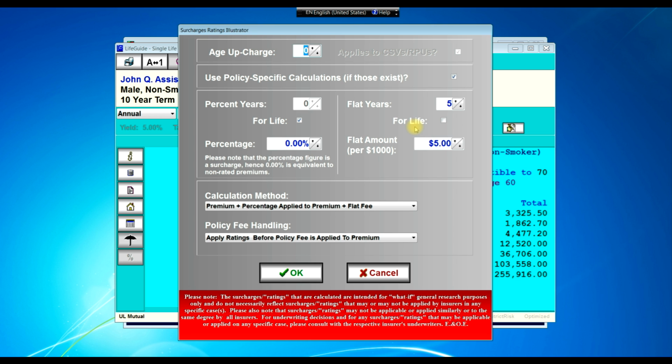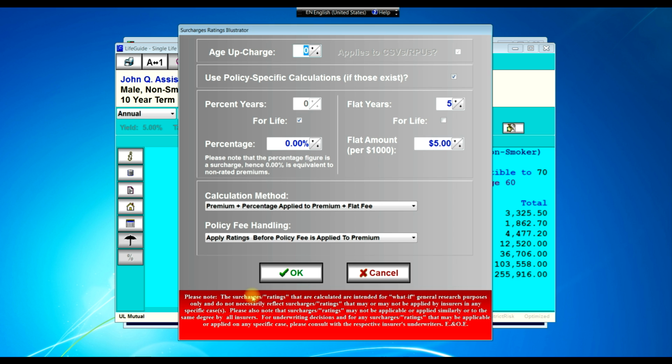The guidelines may also be affected by guidelines of reinsurers, and may also depend on whether the reinsurers are reinsuring on a treaty or facultative basis. So I'm going to bring you to this area now of LifeGuide, of course, of the Ratings Illustrator. That is an important note to keep in mind.